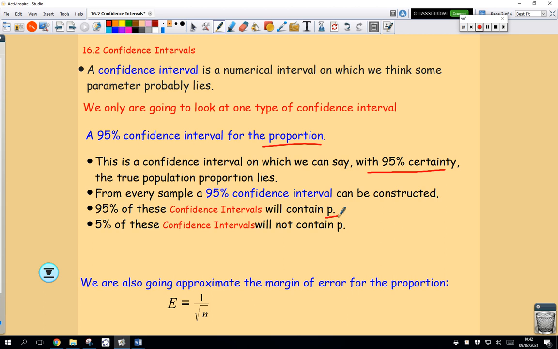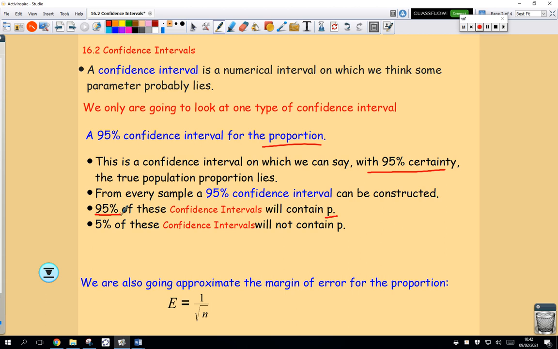So when we take a sample and construct a confidence interval, we guess that it's more likely to be one of the 95% of confidence intervals that do contain the population proportion p. Remember, p represents the population proportion.